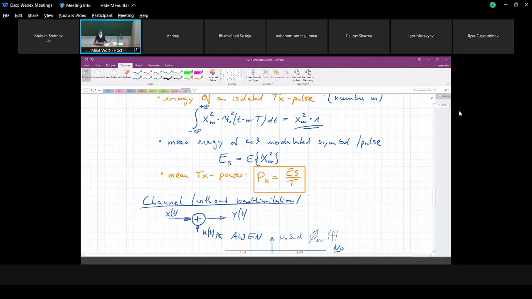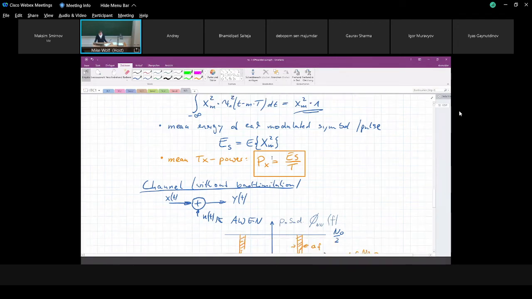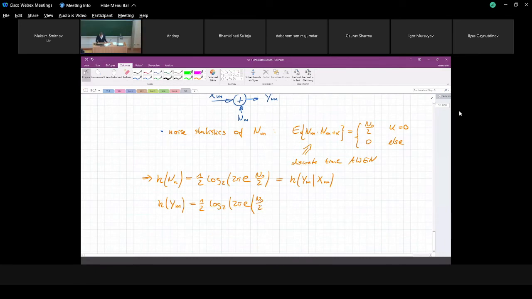This is the second moment of X_m. Okay? So we now can say plus E_S. You remember E_S, yeah? This is the so-called symbol energy. But we talk about modulated symbols, yeah? After this modulator, what is the energy in one modulated symbol on average? Average symbol.